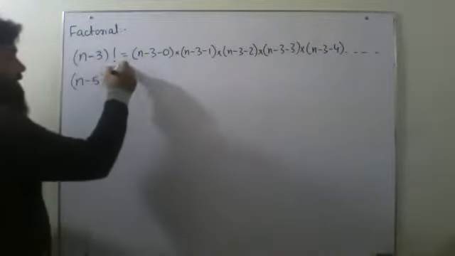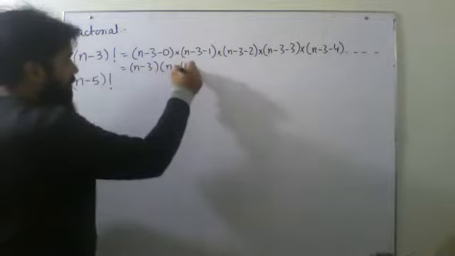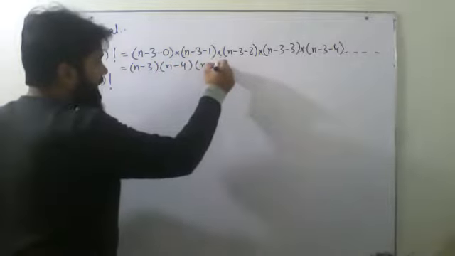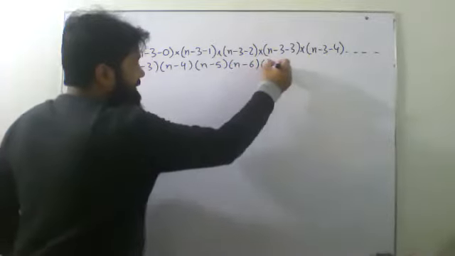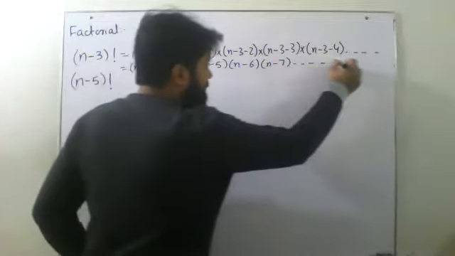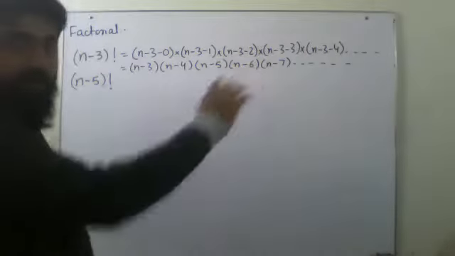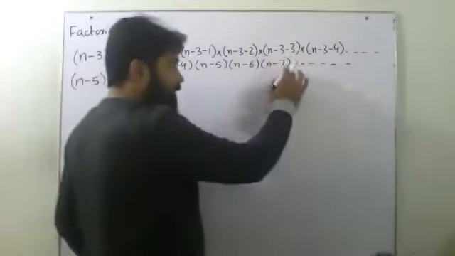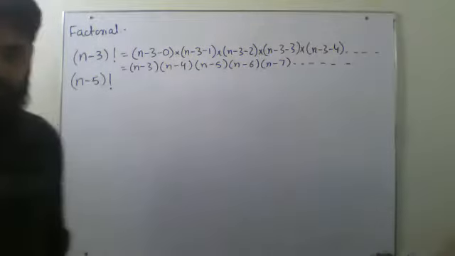Okay. So if I simplify it, this will become n minus 3, n minus 4, n minus 5, n minus 6, n minus 7, and till the end. I can go till the end, or at any point I can stop and put a factorial there. It's my choice.